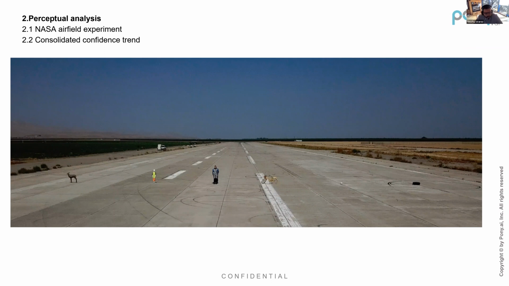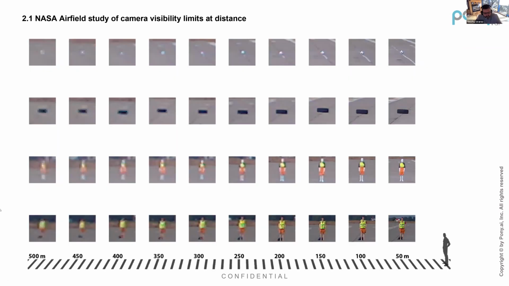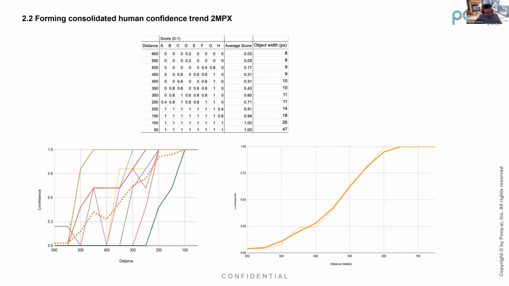So we put targets like deer, mannequins, a bicycle, and a ball tire on this runway, and we took pictures from each distance from 500 to 50 meters. Then we shuffled these images, sent them to labelers, and asked them how confident they are that what they see is a human, from 1 to 5. We collected a lot of labeling data like this.